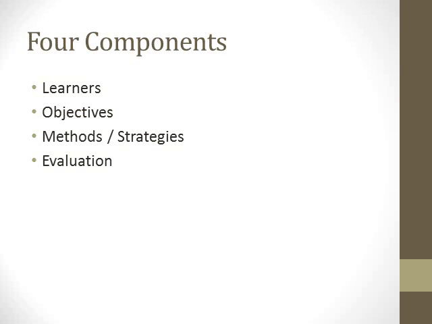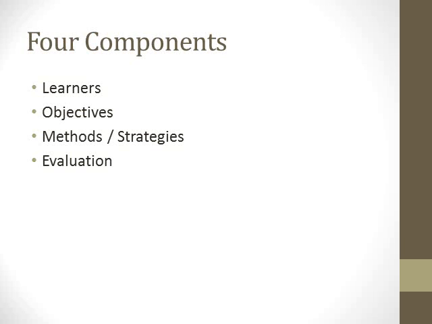Who is it that we're doing this for? Second, what do you want the learners to know? And we call this the objectives. What is the objective? Specific, measurable objectives that the learner needs to be able to do to be considered successful.